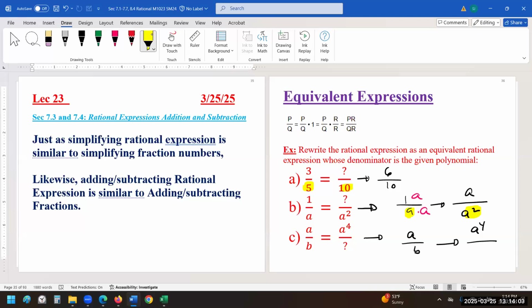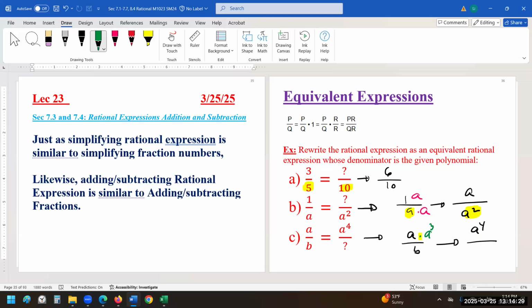See, we have a, and we are going to a to the 4th. What can we multiply this by to turn it into a to the 4th? A to the 3rd. We need 3 more. So 1 here, we need 3 more, then we have 4 of them.